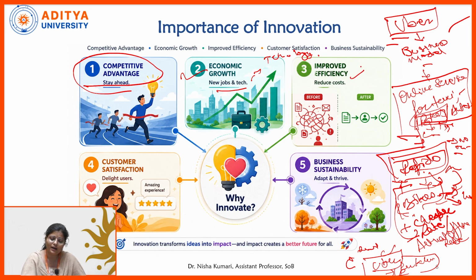And then by providing products or services as per the need of the users, what is happening? It is improving the efficiency, which is leading to a reduction in cost. For example, previously when we were preparing bakery items, for example your breads, 4 to 5 people were making it manually.